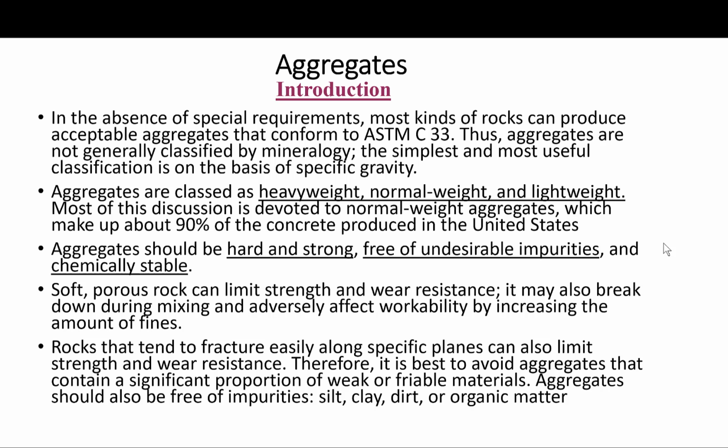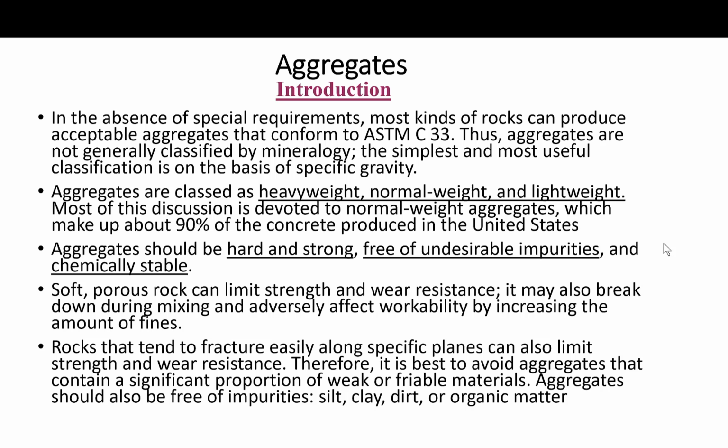The geology of the rocks where the aggregates come from will not be considered in this class, only briefly mentioned. ASTM C294, though, describes principal rock types and constituents for common aggregates, if you need to look at that for more details. Aggregates also are classed as heavyweight, normal weight, and lightweight.